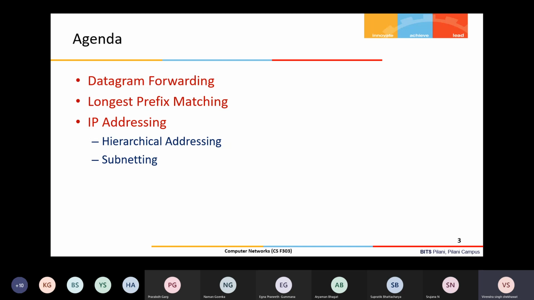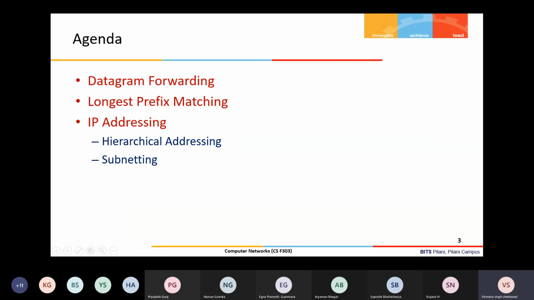So from today's lecture onwards, in the next 6-7 lectures, we will understand the functionalities and the working of the different features which the network layer provides.